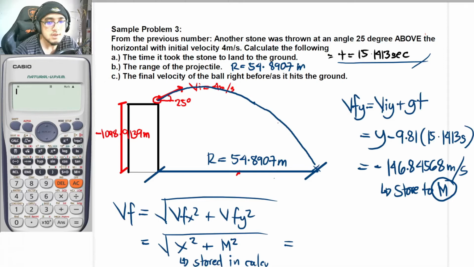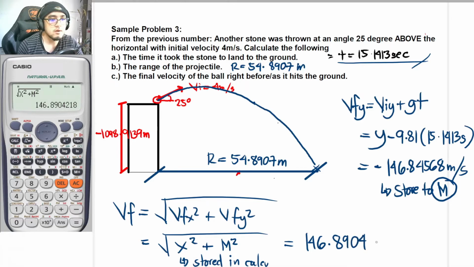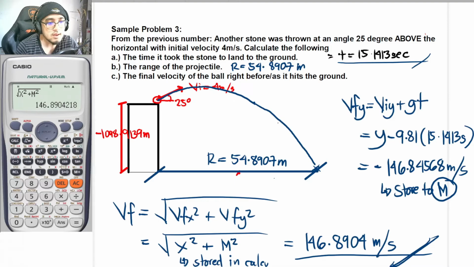So this is equal to the square root of alpha x squared plus alpha M squared. Equal sign, so our answer here is now 146.8904 meters per second. So this is now the final velocity, or its velocity the moment before it hits the ground, before, of course, it would stop.